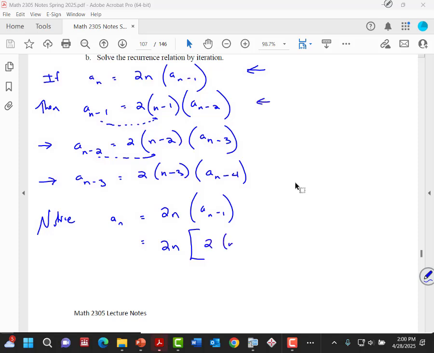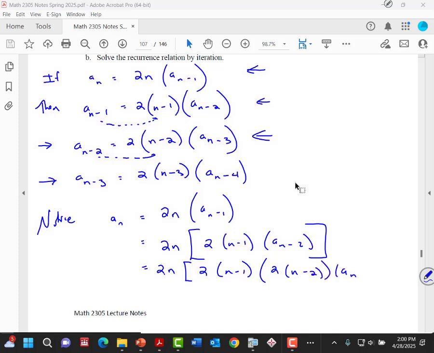That's 2 times n minus 1 times a sub n minus 2. Well, what is a sub n minus 2? This is 2n times 2 times n minus 1 times, what is a sub n minus 2? That's 2 times n minus 2 times a sub n minus 3.